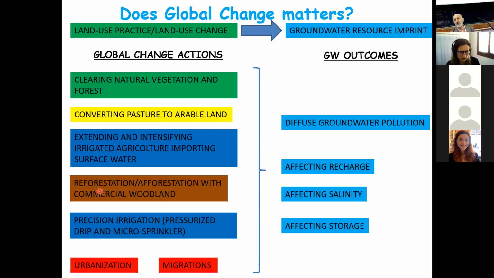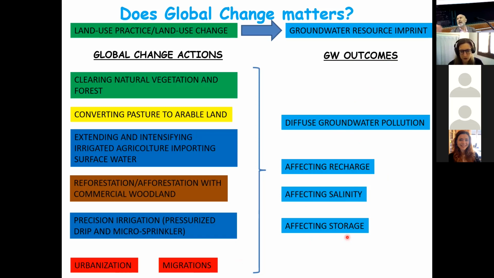The reforestation and afforestation with commercial woodland. All these processes have an impact against water resources. And obviously, not last, urbanization and migrations. And this has important consequences in groundwater, in terms of pollution, in terms of affecting recharge, affecting salinity, and affecting storage. So the quantity of groundwater stored in the aquifer.